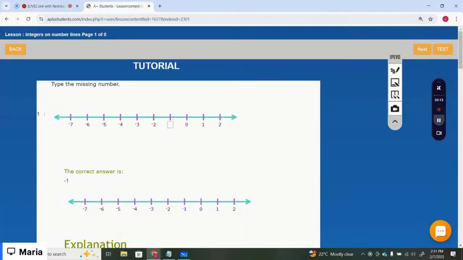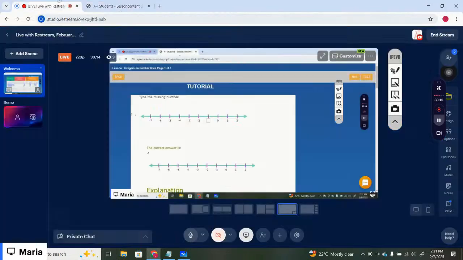Type the missing number. So we have to see how integers work on the number line.